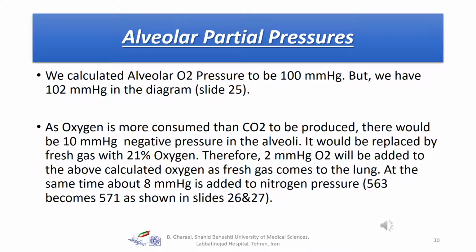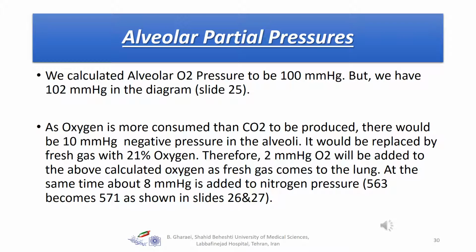We calculated alveolar oxygen partial pressure to be 100 millimeters of mercury, but we have 102 millimeters of mercury in the diagram on slide 25. We have 2 millimeters of mercury difference. And what is that for?